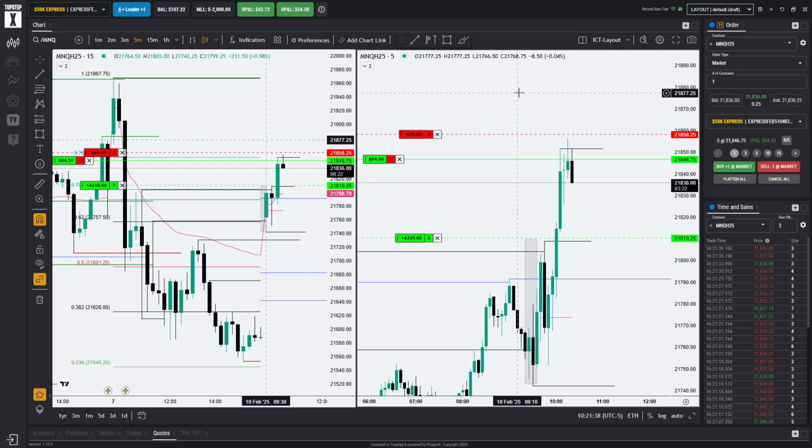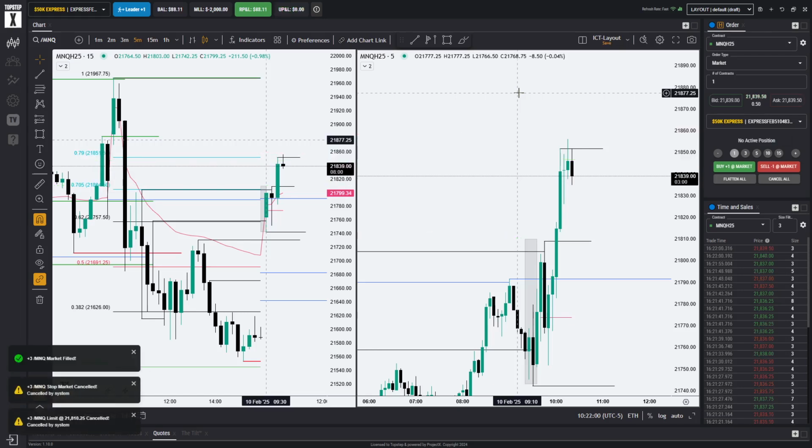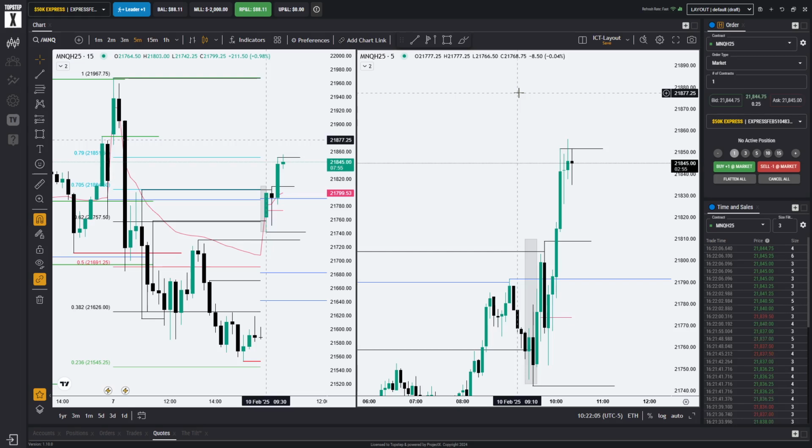It has to fall, and if it doesn't, we have to close immediately. It doesn't. Order filled. It's a trap. Short trap. So we might get another push higher.